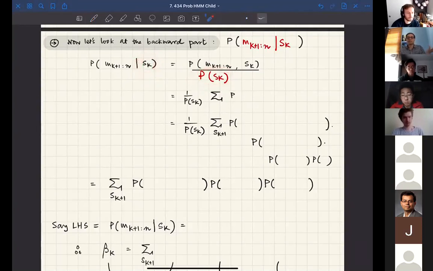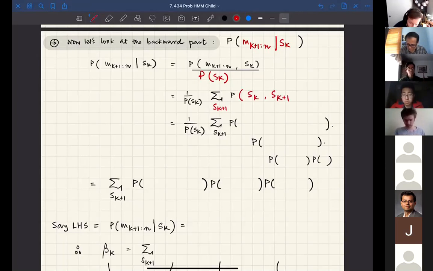So how can I ignore the denominator now? So I take the denominator 1 by P of sk and then do sigma of sk plus 1. Again, I'm marginalizing. But I'll do sk plus 1, comma, mk plus 1 to n. I can do that, right?